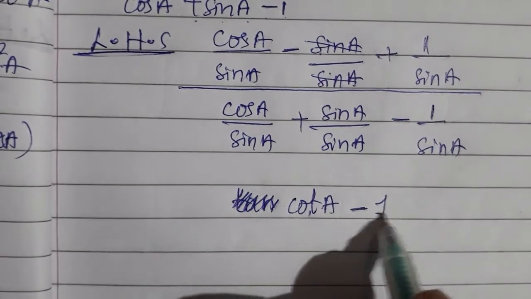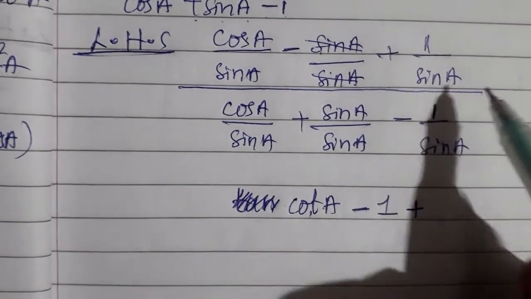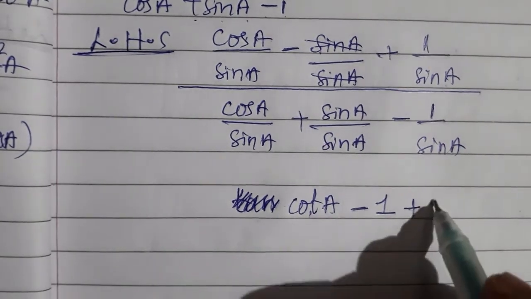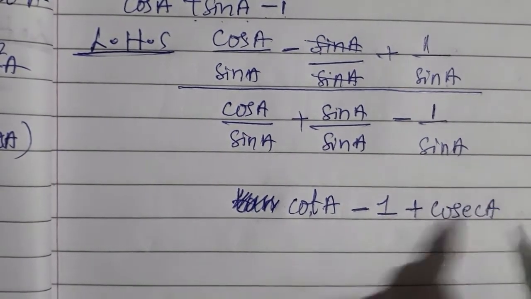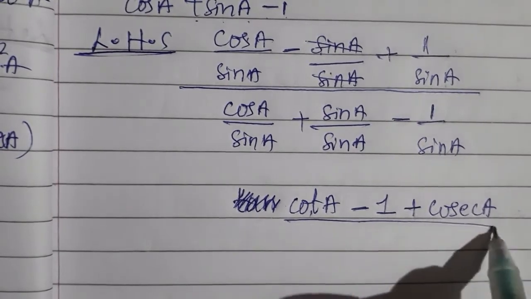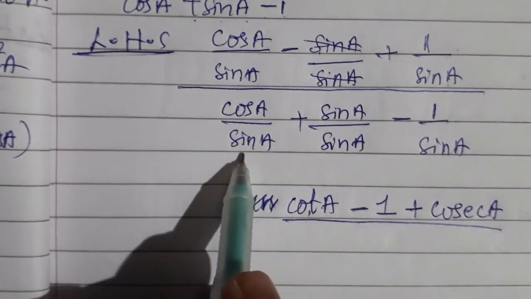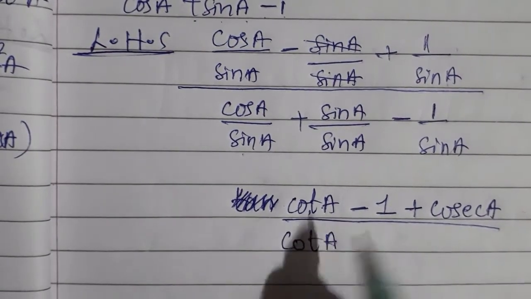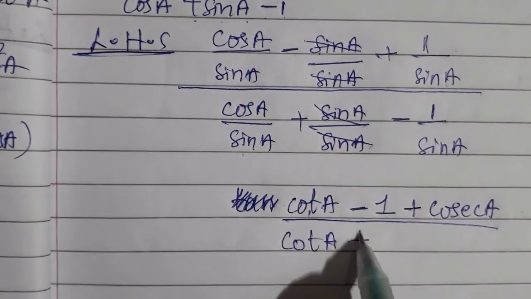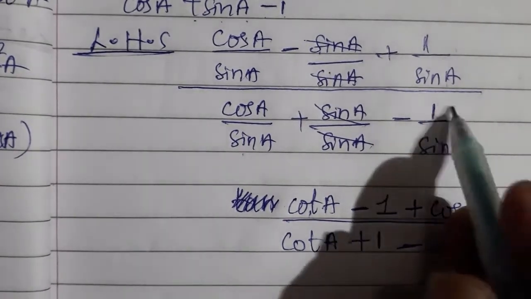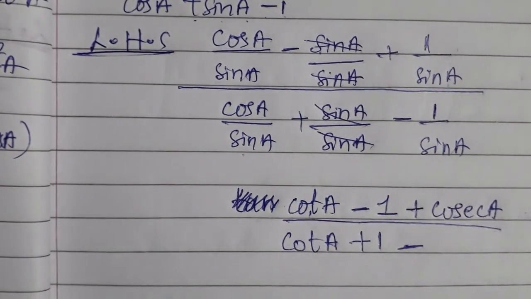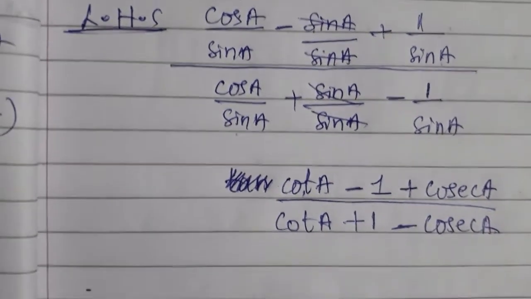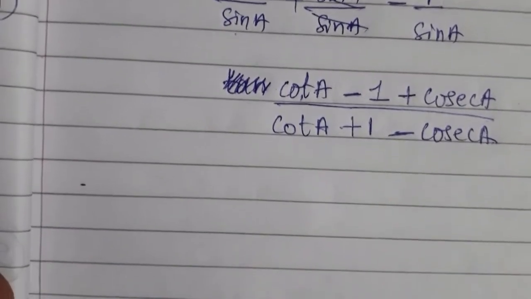So what is remaining? 1 plus 1 by sin A is nothing but cosec A. Now we'll come to the denominator. Cos A by sin A, again it is cot A. Sin A is cancelled. Plus 1 minus 1 by sin A, 1 by sin A is nothing but cosec A.